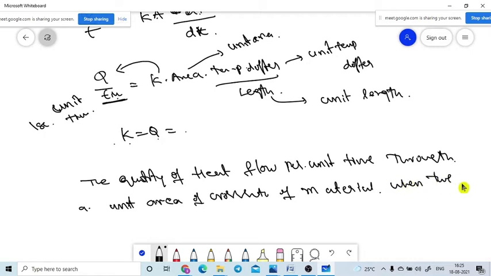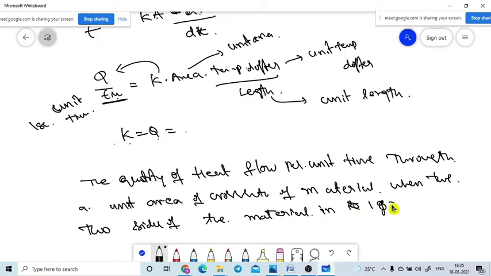When the two sides of the material are at 1 degree temperature difference, that is the unit temperature difference.